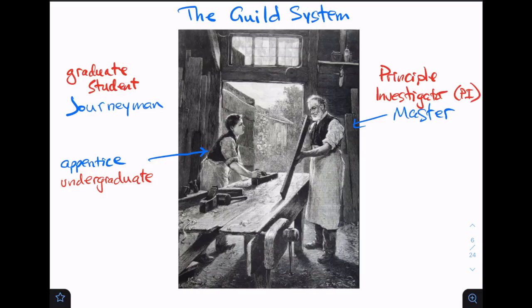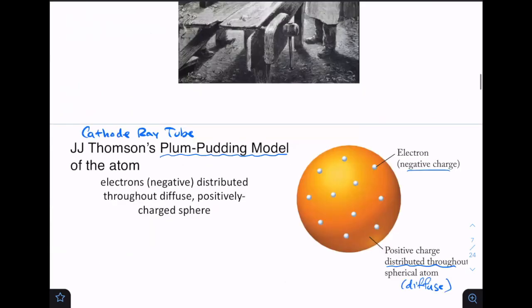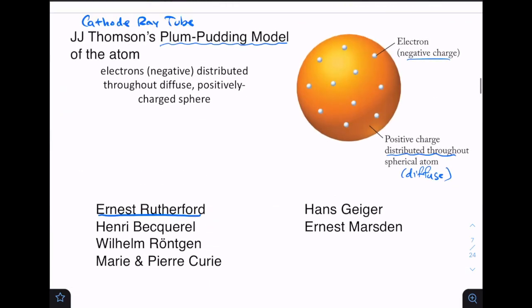So this is very appropriate for science, and it's appropriate for this story because it turns out that Rutherford was a student of J.J. Thomson's. So Rutherford did his graduate work in the laboratory that had developed this plum pudding model. Now, Rutherford went on to do his own research, mostly in radioactivity.